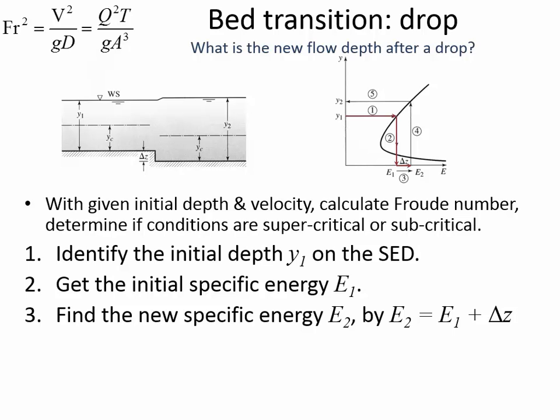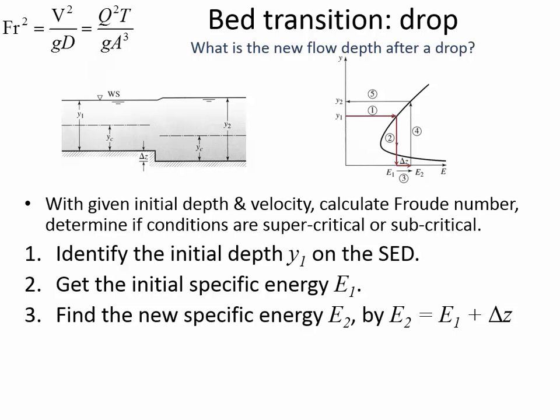It's not gaining total energy, but specific energy just measures how much energy is in the flow above the channel bottom. Since the channel bottom is now lower, the water has more energy than it did before, in the amount of delta z. So we have a new amount of specific energy. This E2 is simply however much was there at 1 plus the drop, delta z. So there's more energy at 2.